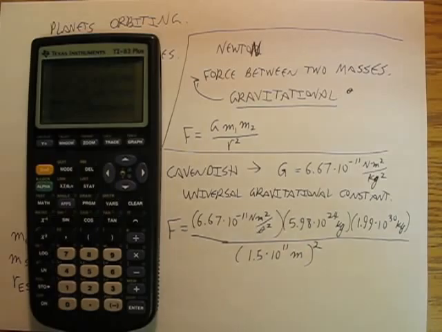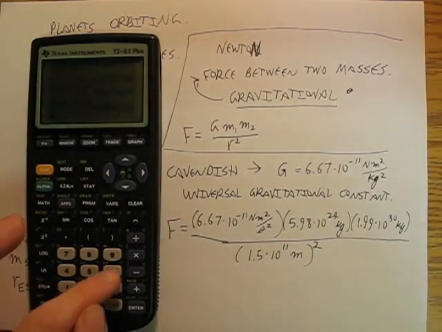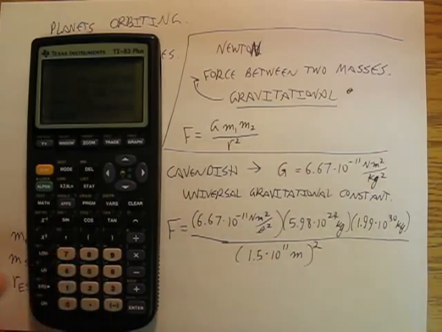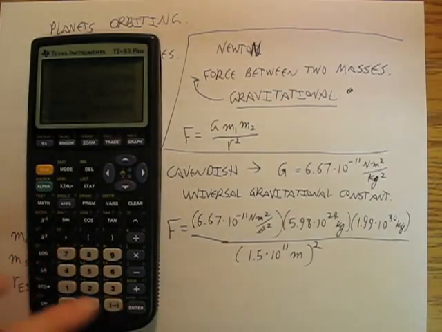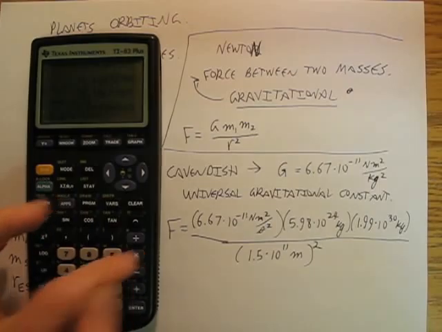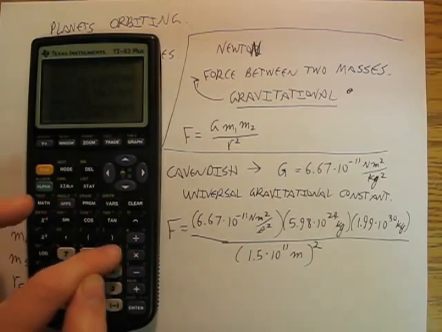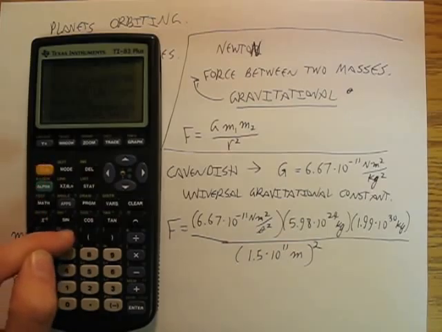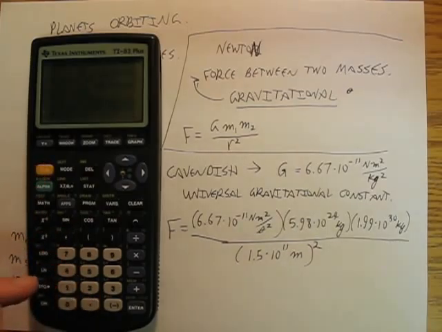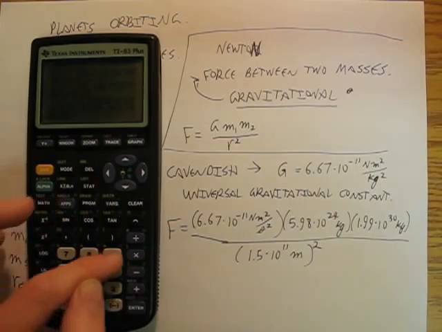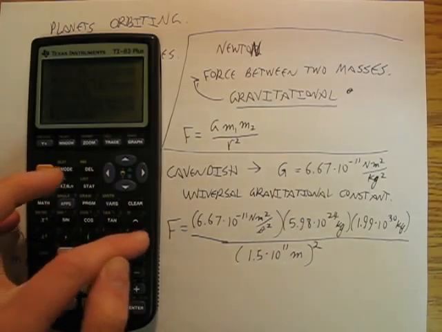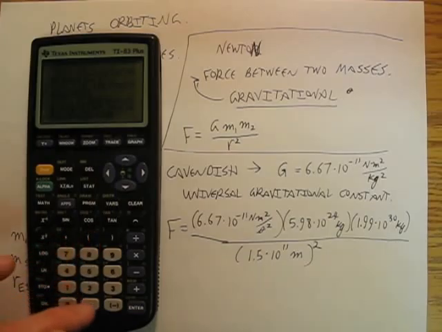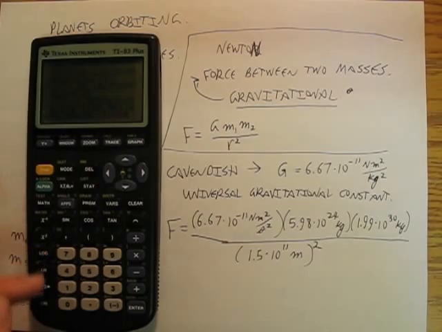I'm going to go through this slow. 6.67, second EE, negative 11, times 5.98, second EE, 24, times 1.99, second EE, 30, divided by parentheses 1.5, second EE, 11, close parentheses, square it.